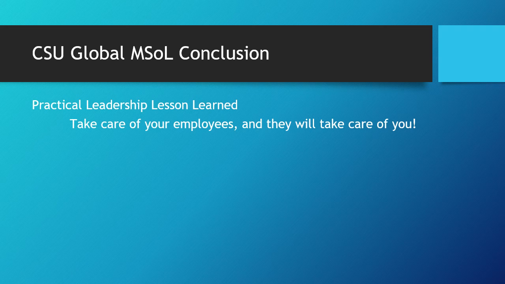And that means regardless of where they come from, regardless of anything, you take care of them, get them what they need, listen to their problems, try and solve their issues, and they will take care of you. Meaning, on the other side of this, you'll get the kind of productivity and engagement out of them that you need to be successful as a leader if you take care of them.